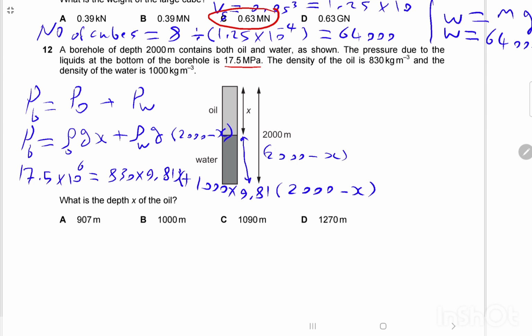Now the only unknown in this equation is x, so you can solve for x and find the answer. And if you solve for x, you get option D.